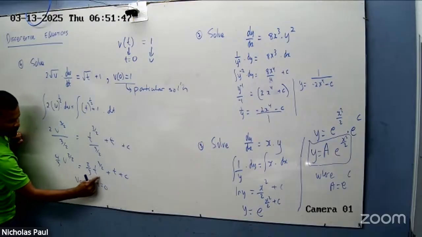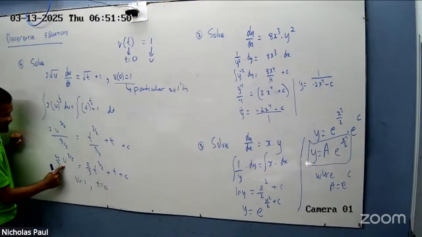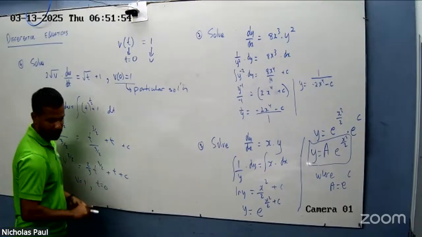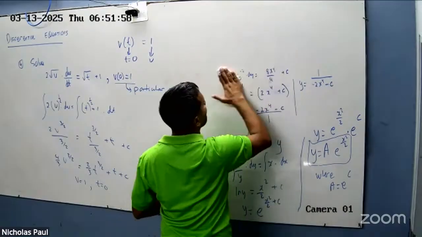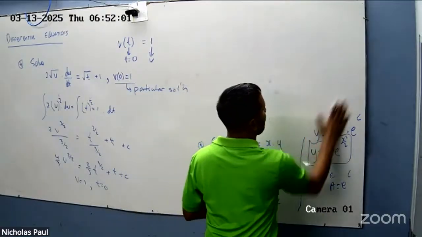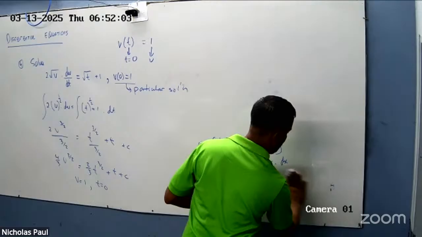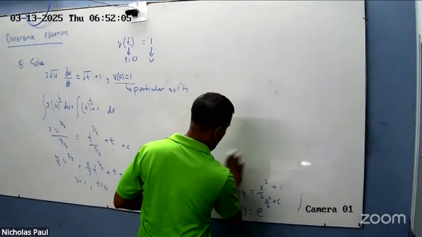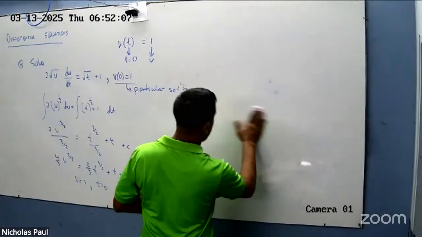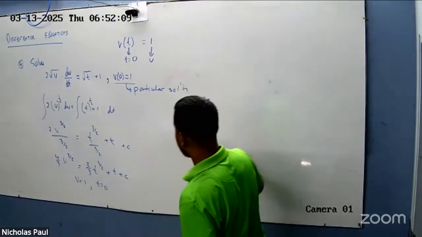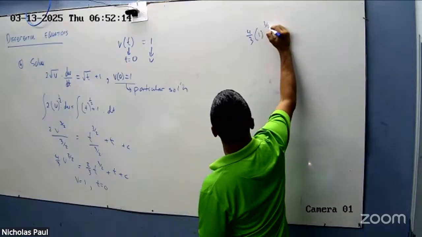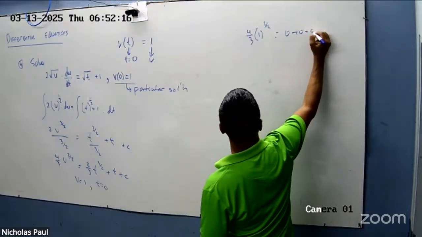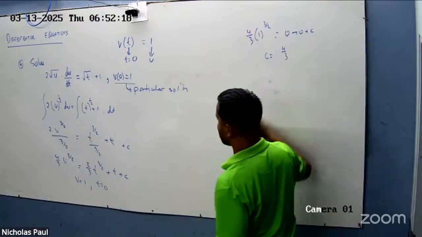So I'm going to substitute t is 0, and what would I get for c? I will get 4 over 3 by 1 to the 3/2 is 0 plus 0 plus c. So that means c is 4/3.